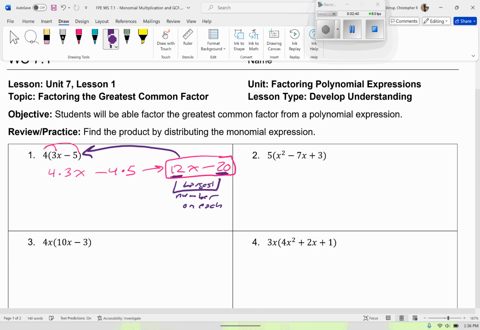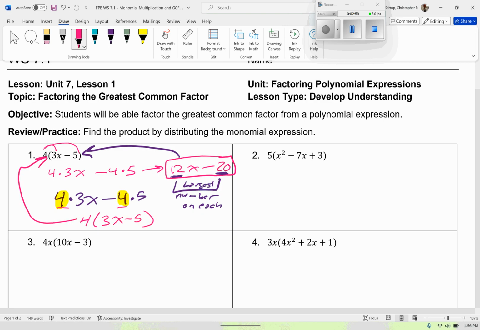And in this case, that would mean that you'd have 4 times 3x minus 4 times 5. And then once you show that this and this are the same, you factor that out, and then you bring your parentheses back in. And then this and this are the same thing.